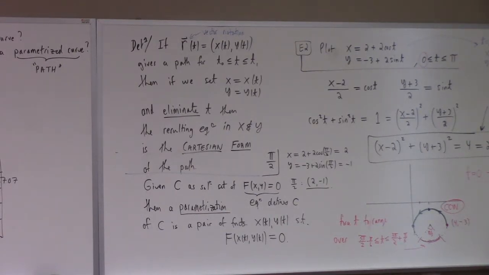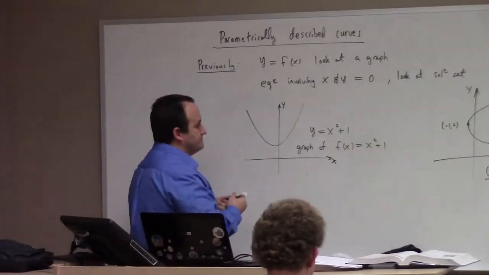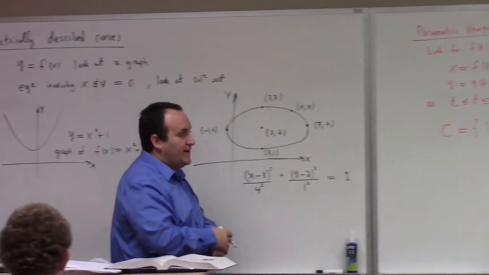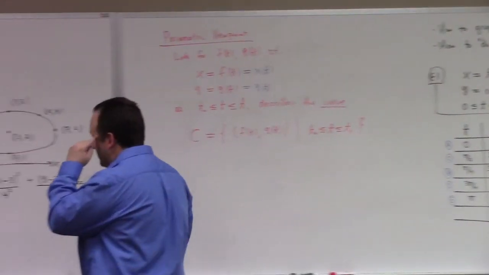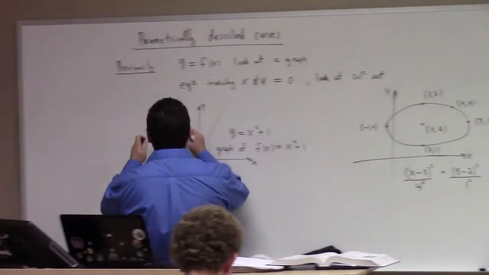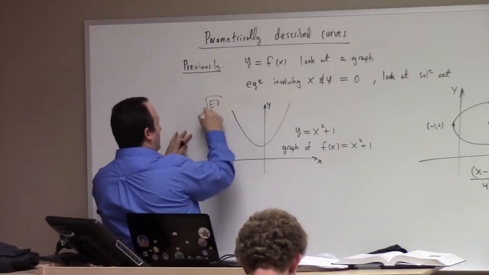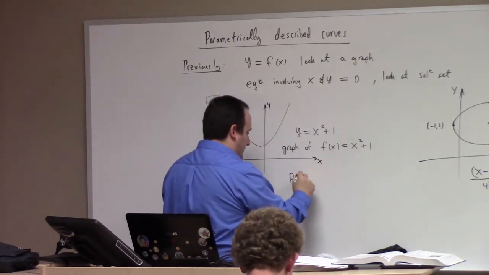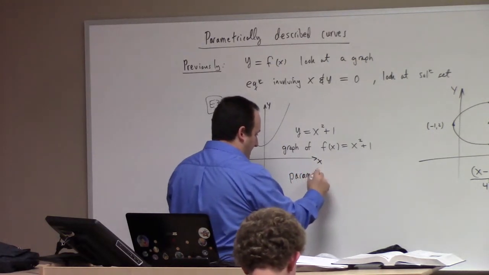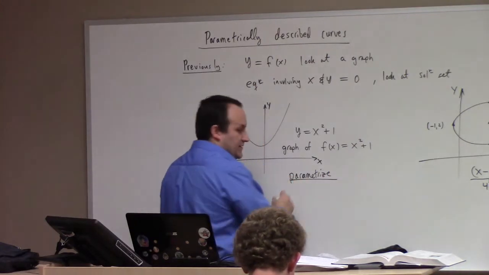So let's find parameterizations of my first two examples, the things I drew on the board here. Example 3 here. Parameterize. Sometimes you don't have to make it complicated.